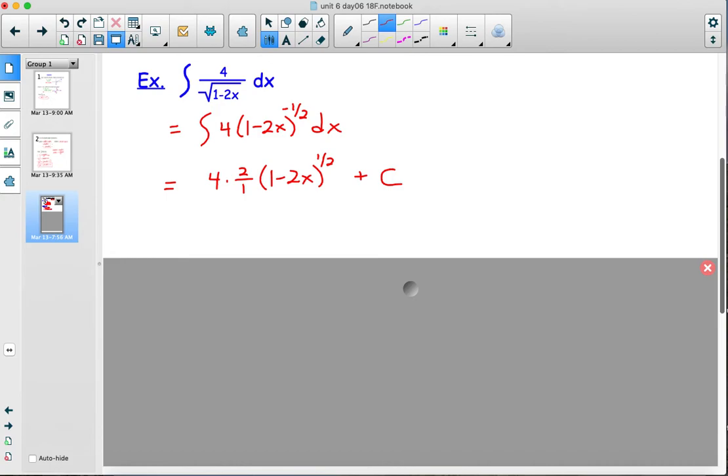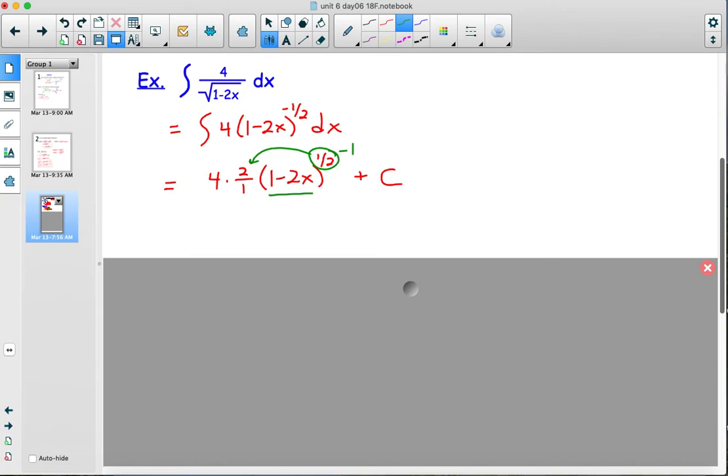Okay, so let's see how close we are. If I differentiated this, I would take this 1/2, multiply it out in front, which would cancel the 2, and then I would lower this by 1, which would make it negative 1/2. Seems pretty good. Except, then I would also have to multiply my answer by the derivative of the inside because of the chain rule, and the derivative of the inside is a negative 2.